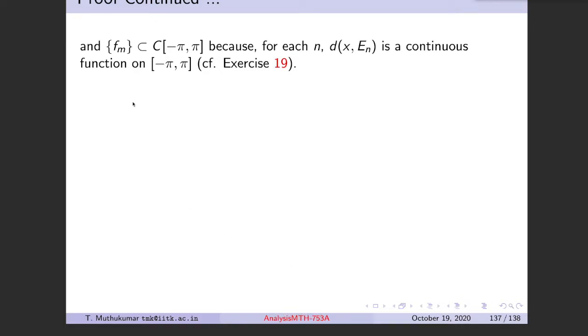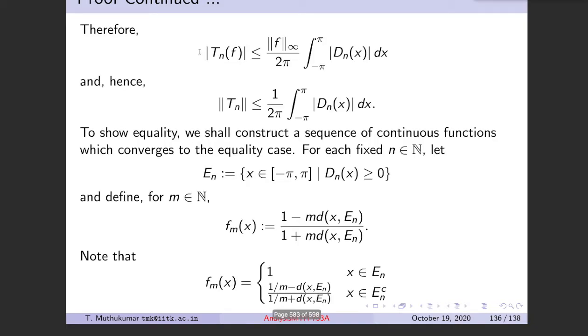And Fm is a sequence of continuous functions from minus pi to pi. That's by definition, so Fm is defined for all elements from minus pi to pi. By the way we have defined it, it's a continuous function, because we have already shown in a previous lecture, and I think I gave it as an exercise also, that this is a uniformly continuous function.